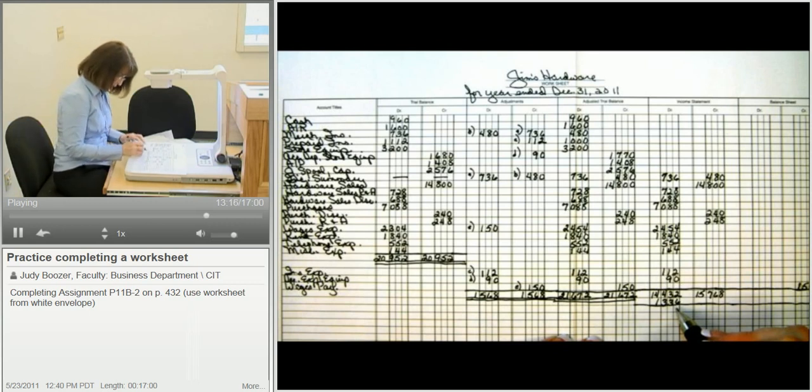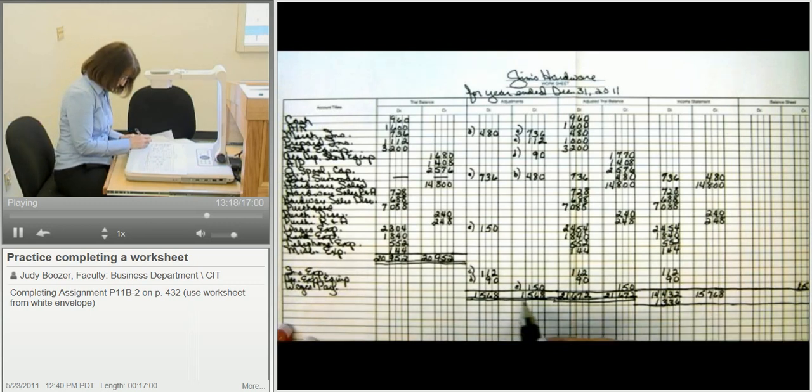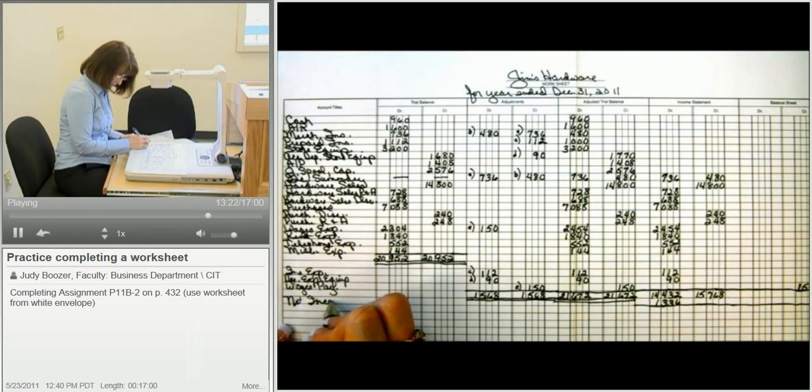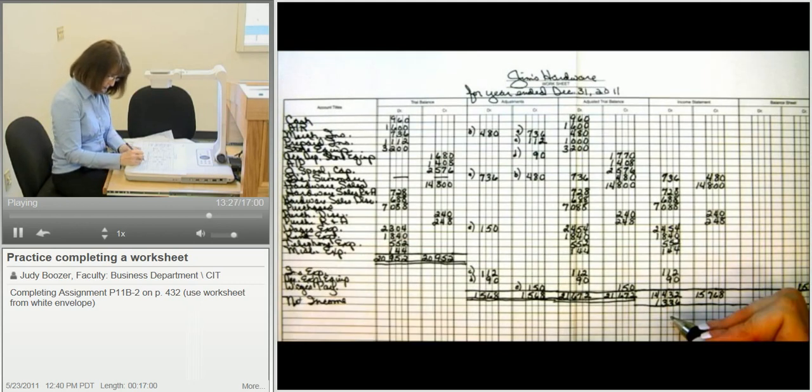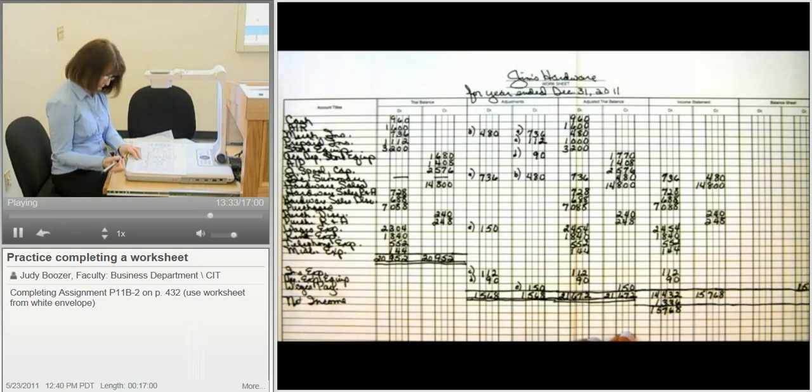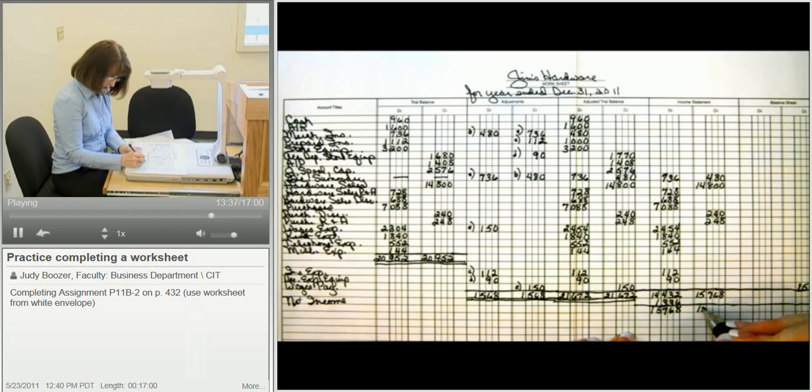So over here on that row, we're going to put net income. We're going to add it to the $14,432, which gives us $15,768. Bring down the credit total, which matches.